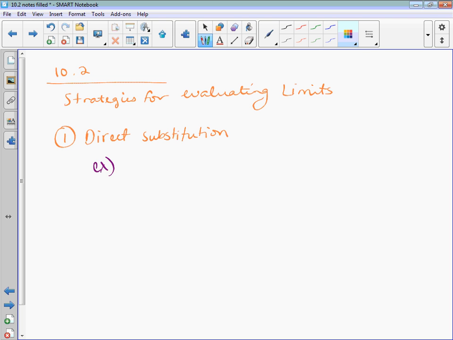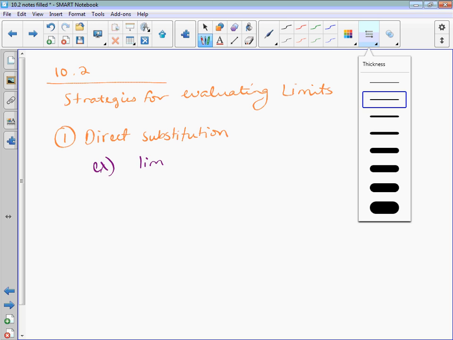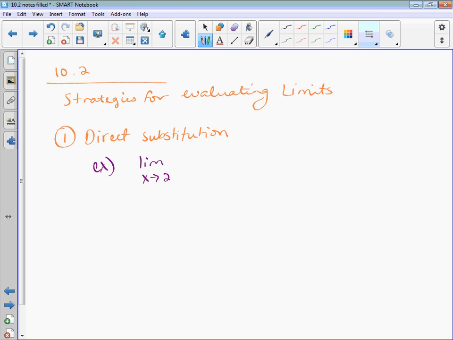So what I mean by that, let's say I gave you the limit of x squared plus 1 as x approaches 2.